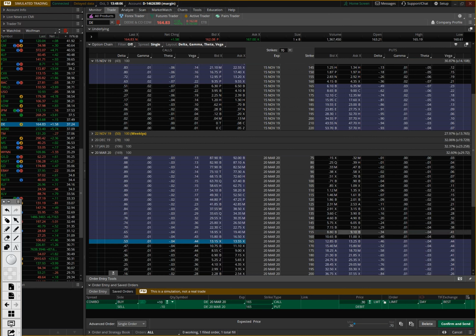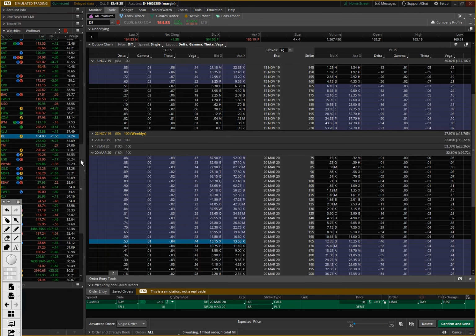And then with Vega, we're selling, that's a negative to the Vega. So that's negative 44 Vega. And I go over here and I buy this strike, and that's buying 44 Vega. It's positive. So they've offset each other. So I don't have to worry about where volatility is in relation to that.